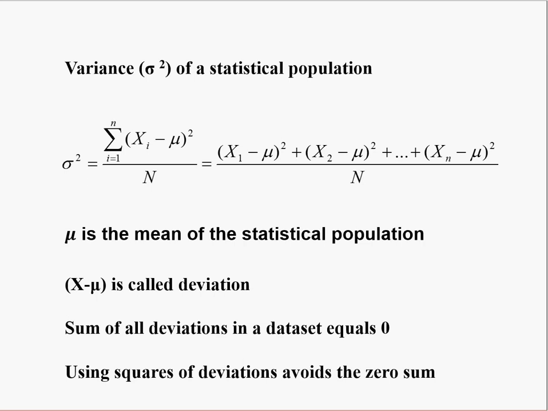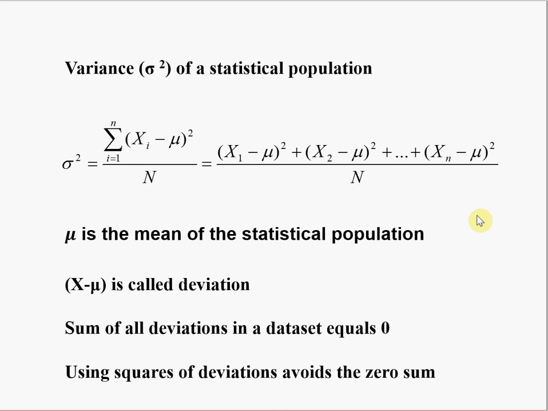Now, one measure of dispersion is variance. This is the formula we use to calculate population variance. As we said, this is a Greek letter. Sigma squared means variance.